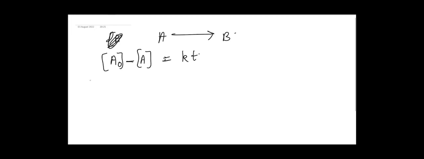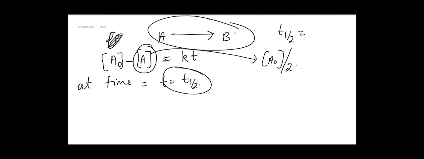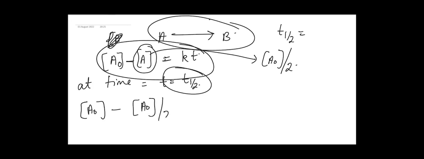Now at time t is equal to t half, suppose t half is the half life of this particular reaction. What will be the final concentration A? The final concentration A will be half of the initial concentration. So substituting these in our primary equation, we get A naught minus A naught by 2 is nothing but k times half life.